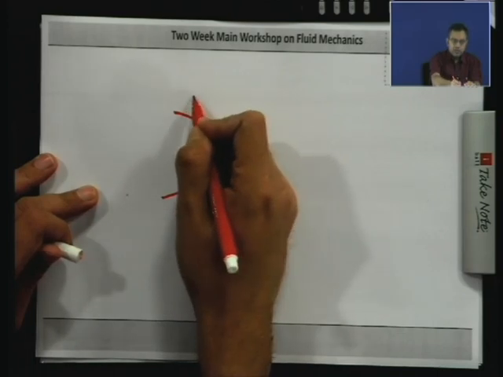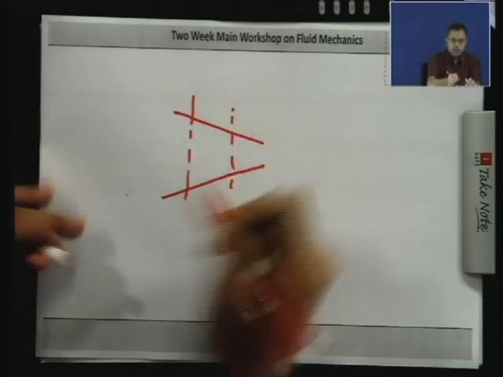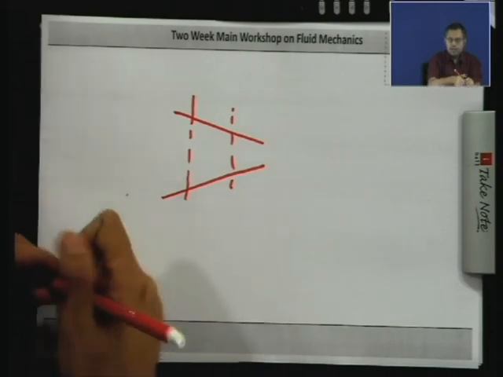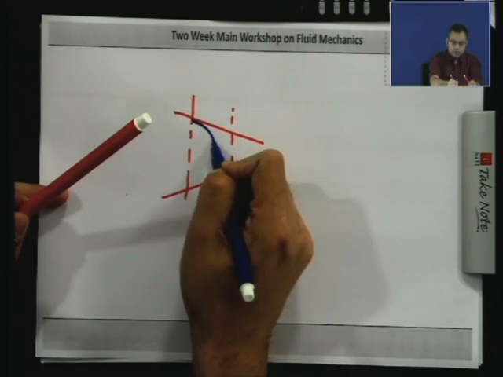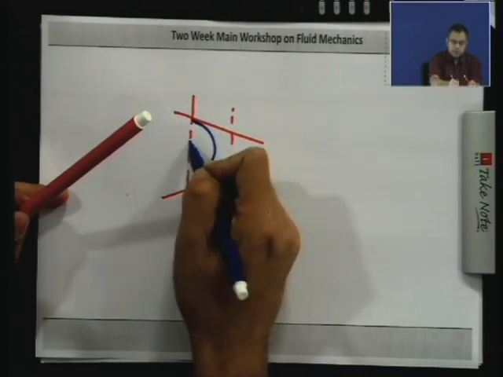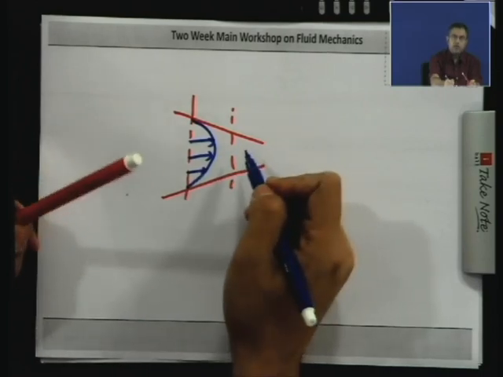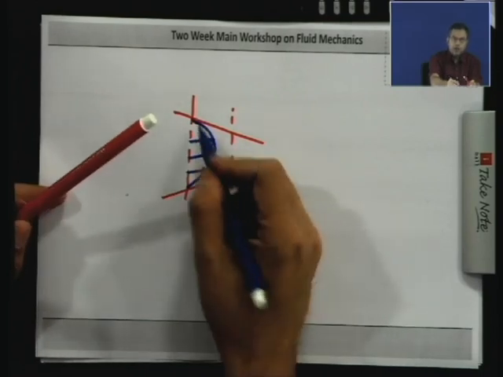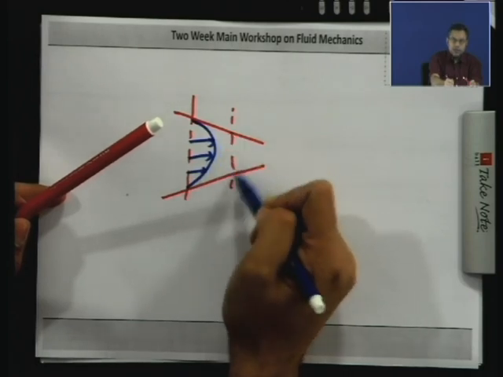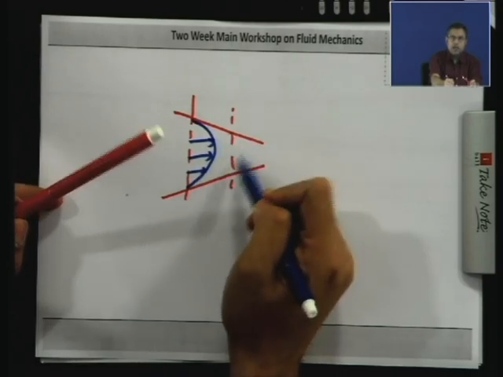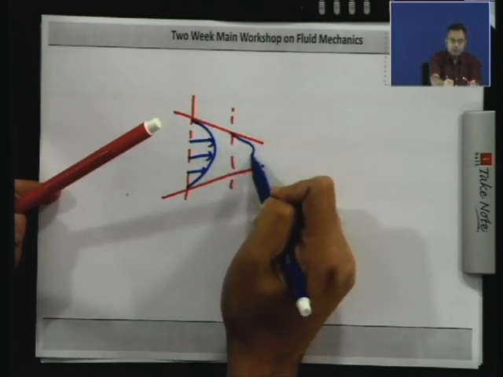In the converging section, if you draw the velocity profile, at the next section, what will happen? Because the flow rate is conserved, and the area has reduced, the velocity should increase to make up for the reduction in area.